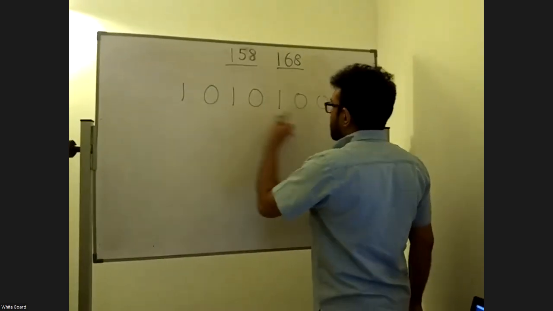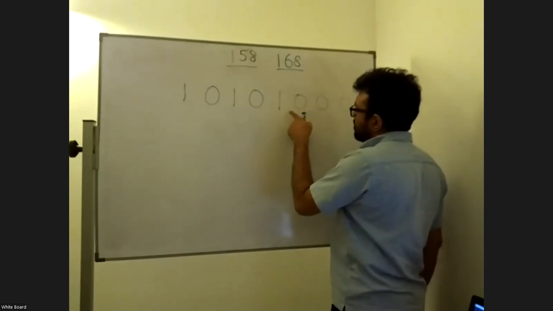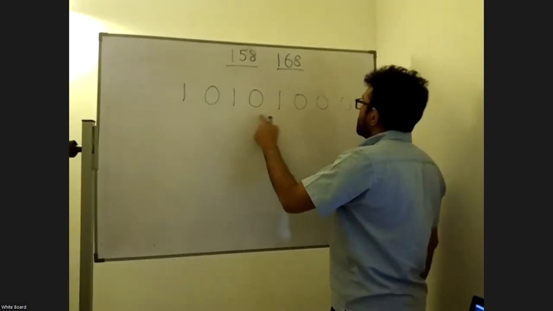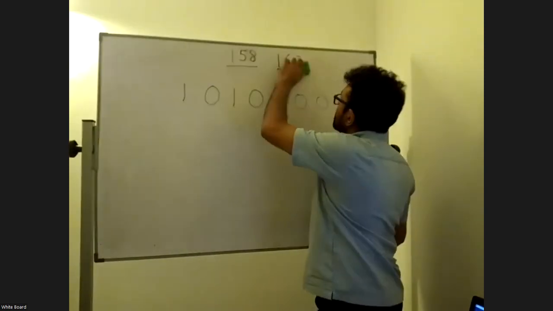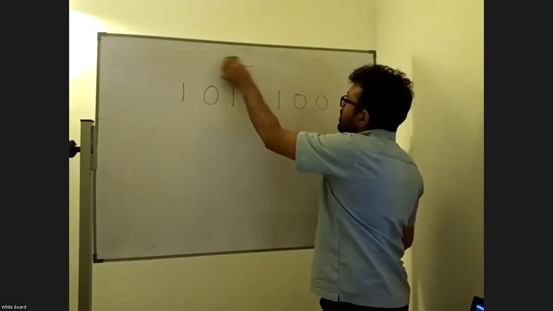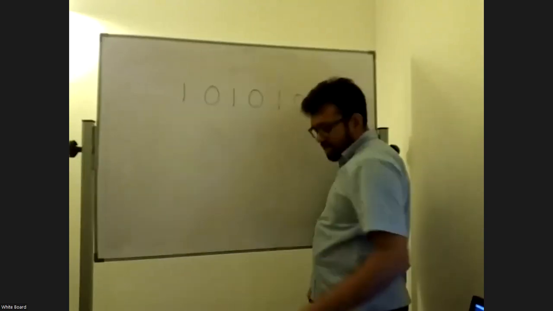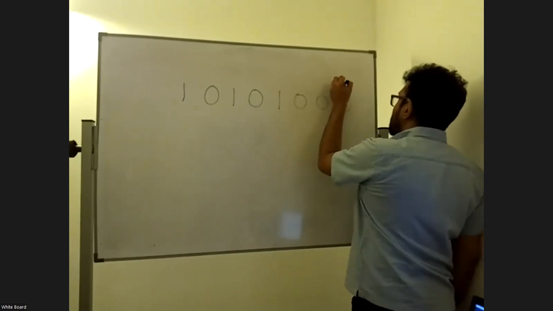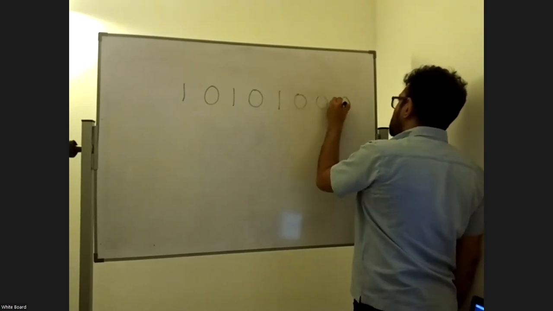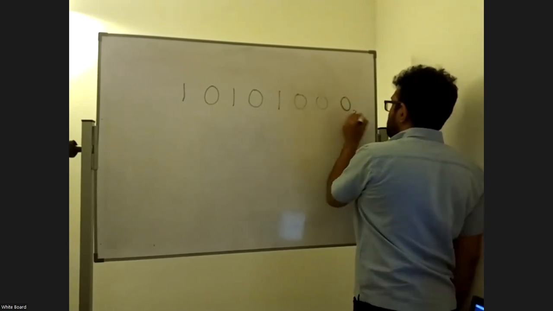So each place has a place value. So we'll write down the place values of each location. Now this is a base 2 number.